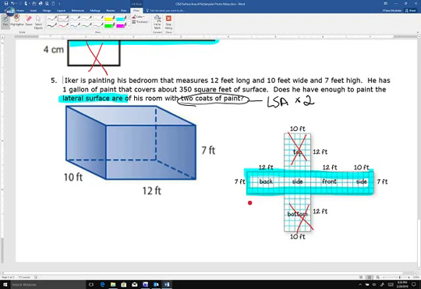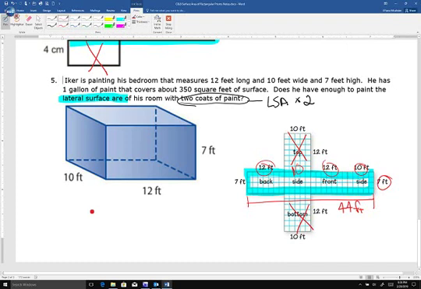It looks like going all the way across that we have 10 and 10 is 20 plus 24 is going to be 44 feet long and 7 feet high.